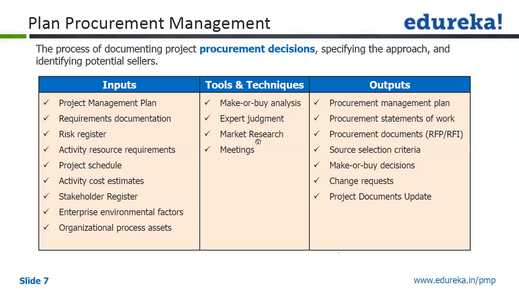If we want to procure something, market research suggests who are the entities, who are the competitors who sell the same product, service or result, and what is their competitive advantage, essentially the factors that differentiate them from the others, and how it is relevant to the part in a project wherein you're buying that product, service or result from that organization.